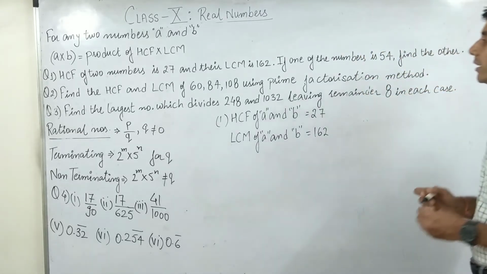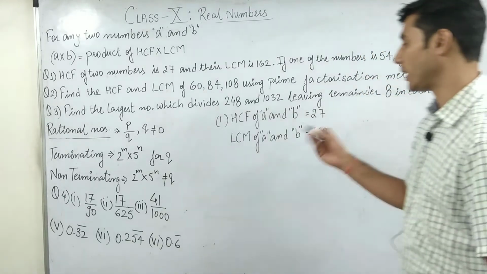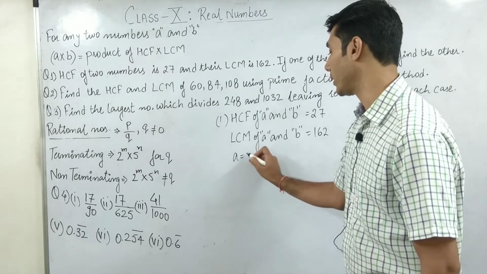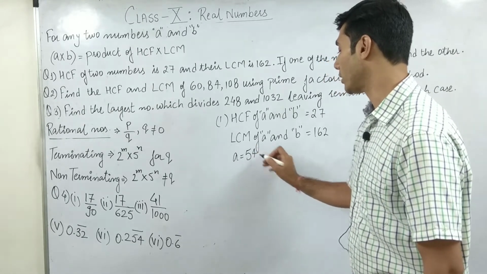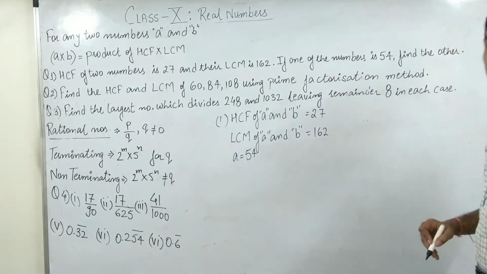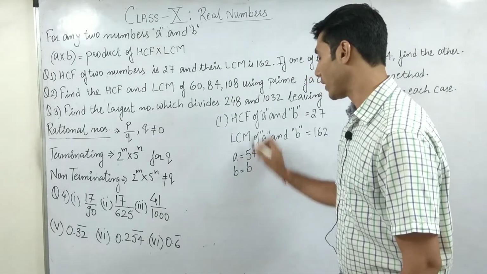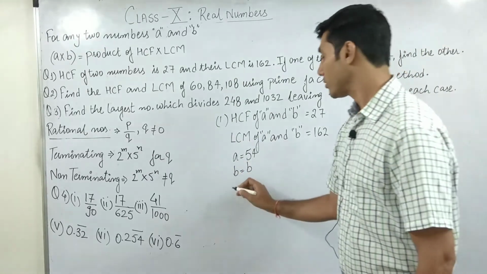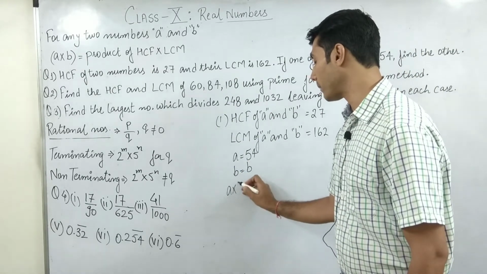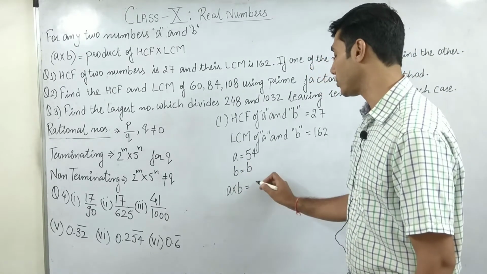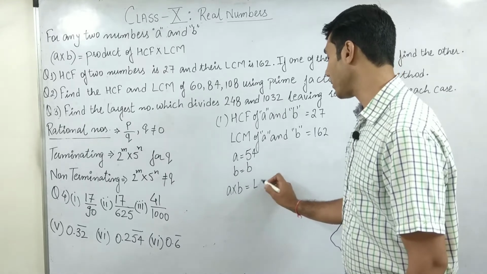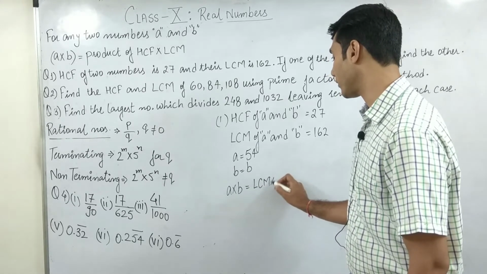Now they are saying if one of the numbers is 54, suppose that A is equal to 54, then find the other. How will you find the other? Very simple. We don't know what B is, so we are going to use that property. A multiplied by B should be equal to LCM into HCF.